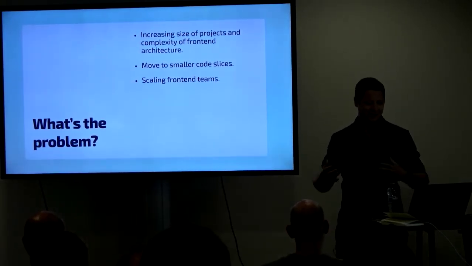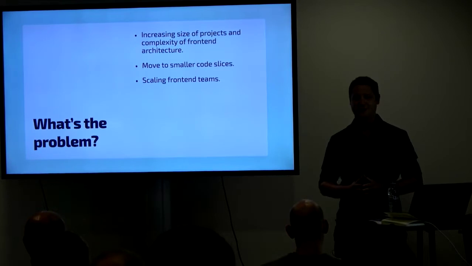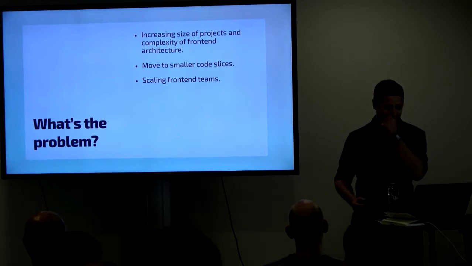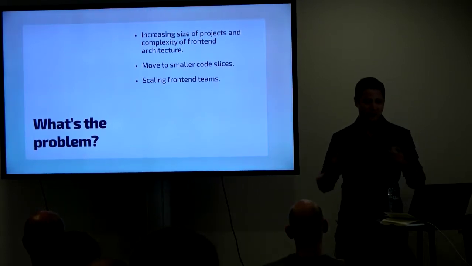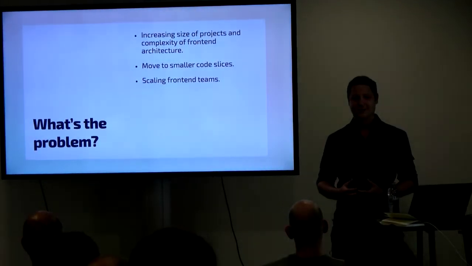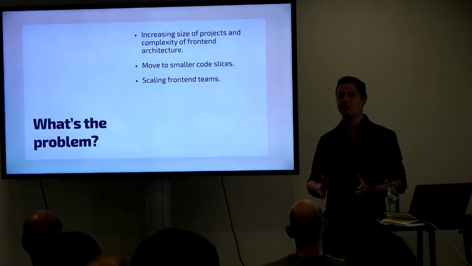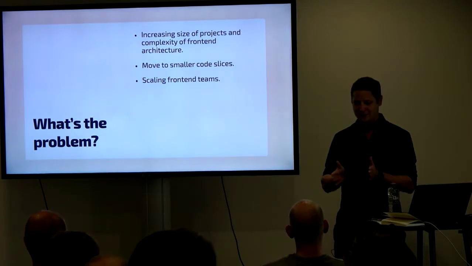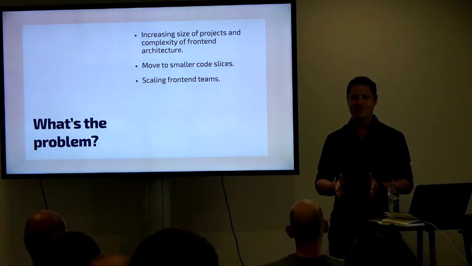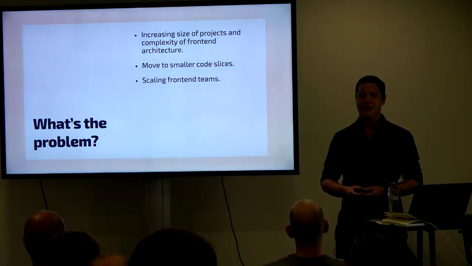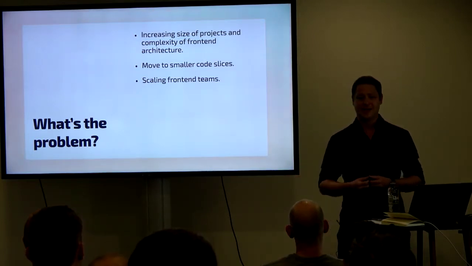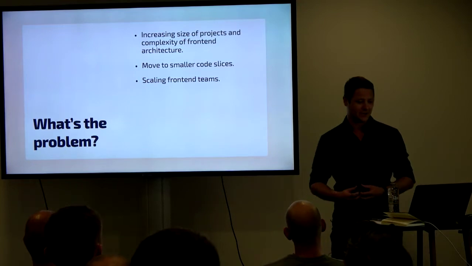It seems like projects are getting bigger and more cumbersome to build every day. So how do we move to smaller code slices? How do we slice our code up so we have a more specified problem that we're trying to solve with our code? And how do we share it across an application or an enterprise?